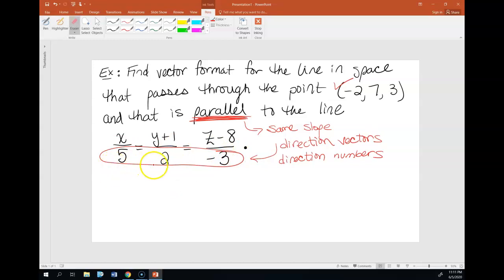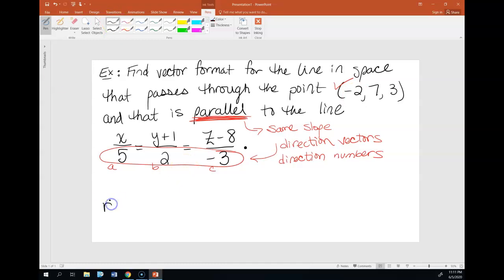This was our A, B, and C. So even though they didn't explicitly come out and say, here is the direction vector, they gave us enough information that if we understand the information that's being given to us, we could easily see what the direction vector is. So we've got our point, we've got our direction vector, and we want the vector format.